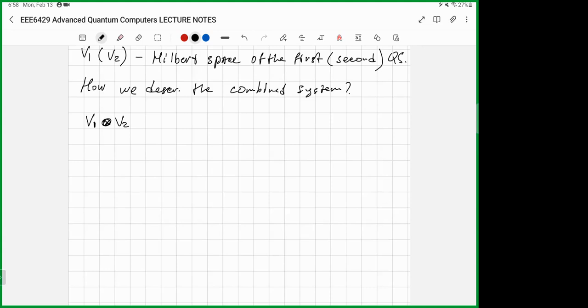That's why the product of two spaces is a new space, V. Suppose the dimension of the first space was P, and the dimension of the second one was Q. Then the dimension of the combined space will be, guess what, P times Q.